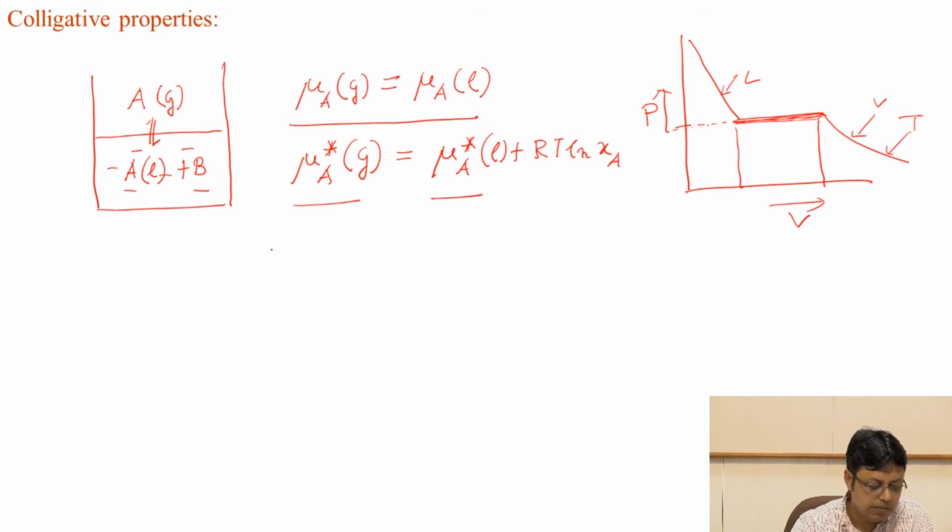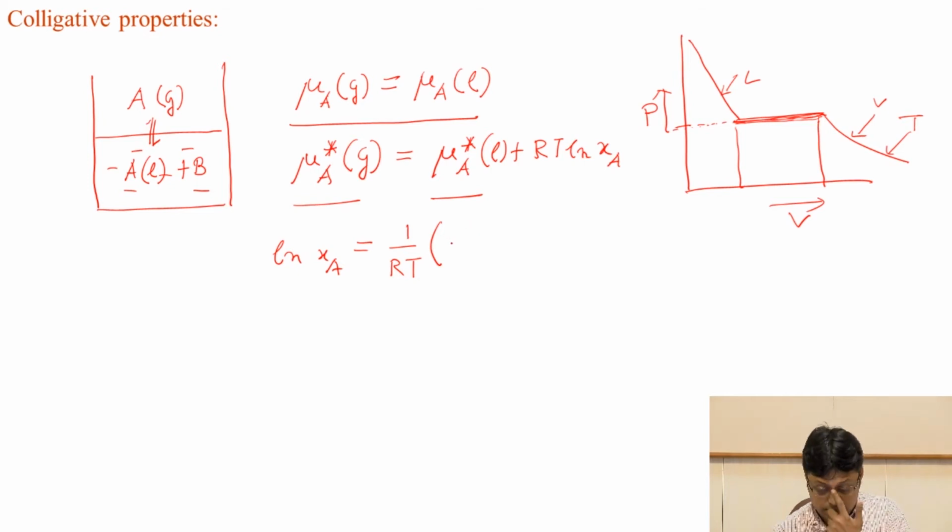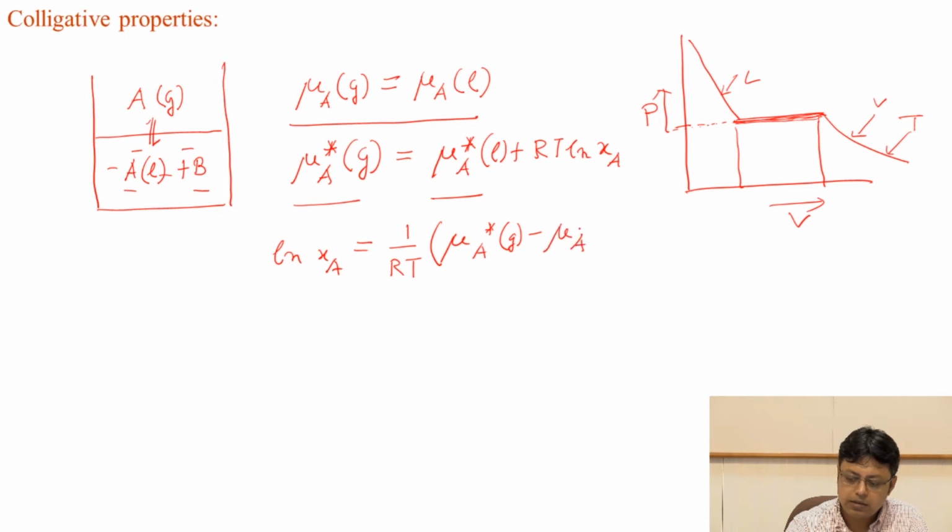If we write this in terms of ln XA, it will be 1 over RT into mu A star of the gas minus mu A star for the liquid.